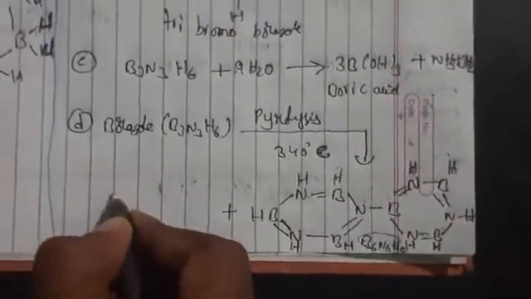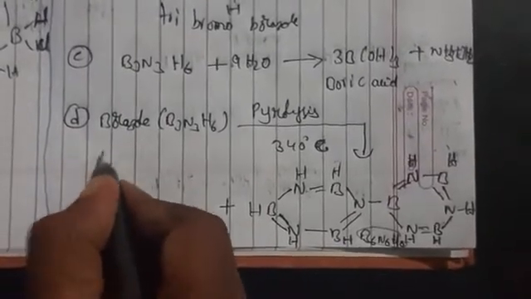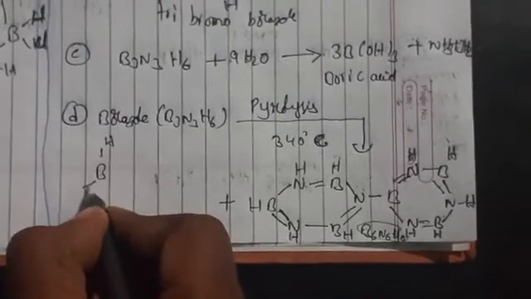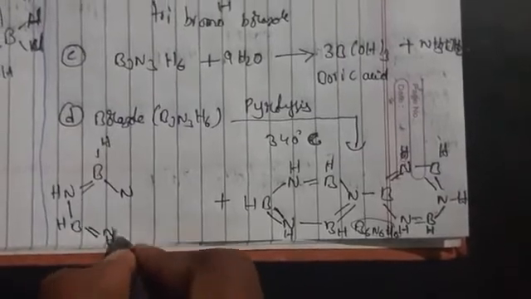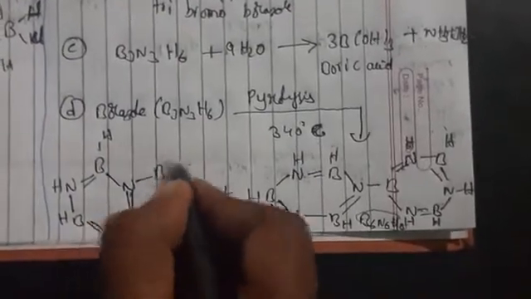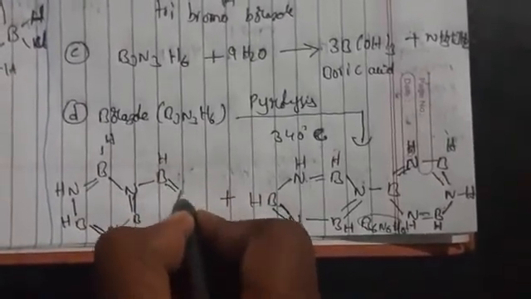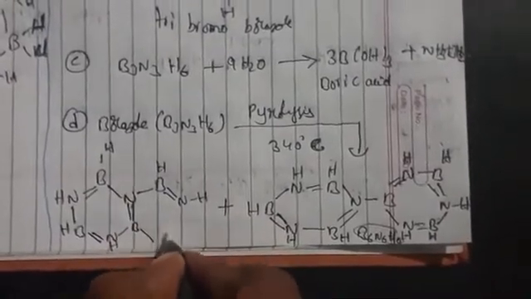When you do pyrolysis, two types of products form. One is B6N6H10, which is known as the biphenyl-like structure. Another you are going to get like this: BH double bond N, NH, N, BH double bond NH, B double bond, BH double bond NH, NH double bond BH.